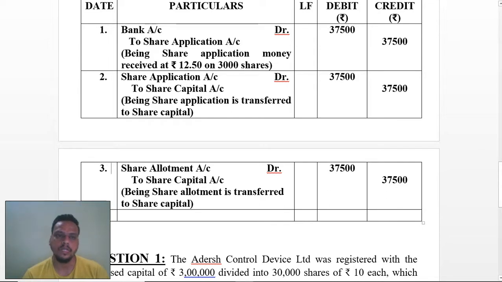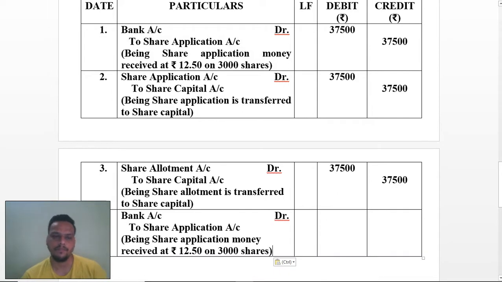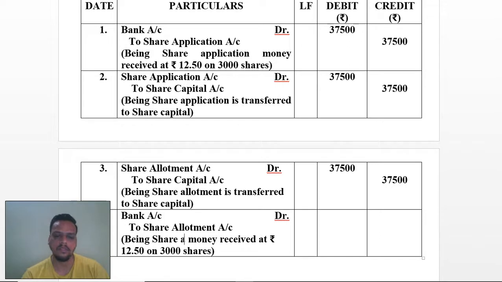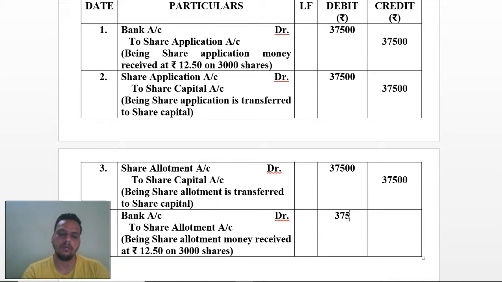Here also the entry will be the same, the being will also be the same, the amount will also be the same, just application will be changed to allotment. Allotment account. Here also I'll change: allotment money received at rupees 12.50 into 3,000, 37,500.